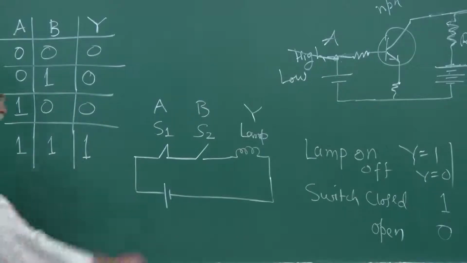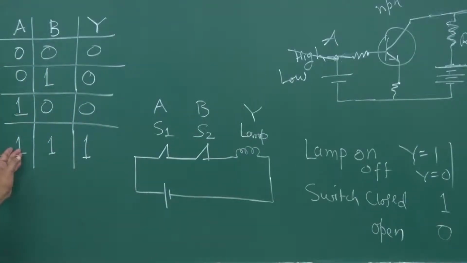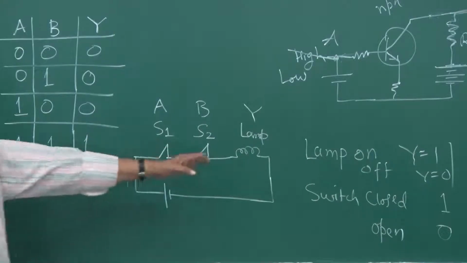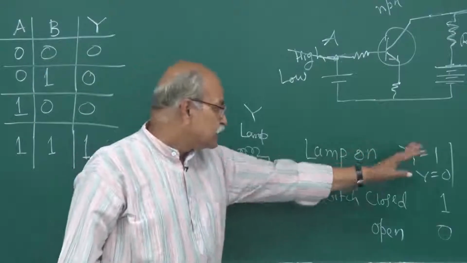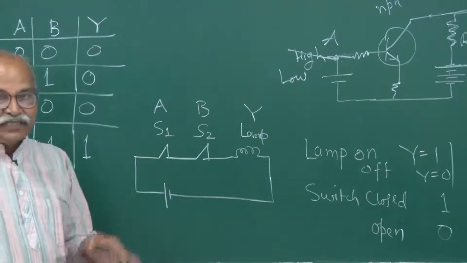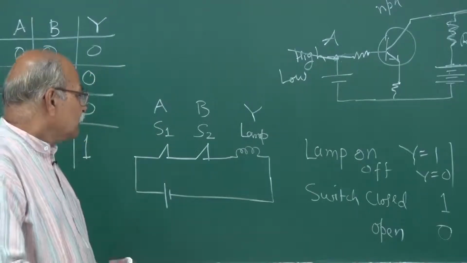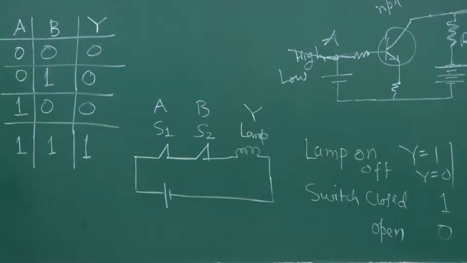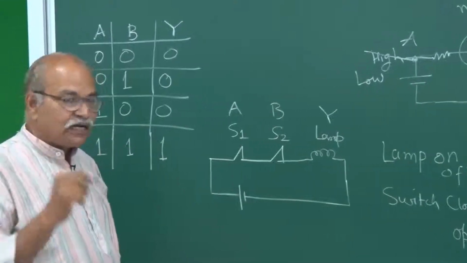And if both the switches are closed, so that A is 1 and B is 1, then it glows. And if it is on, then we say that Y is 1. So 1 and 1 is 1. So this is the meaning of this AND. You can make this AND digital circuit using PN junction diodes. Let's see how.